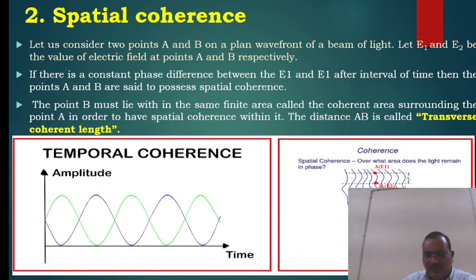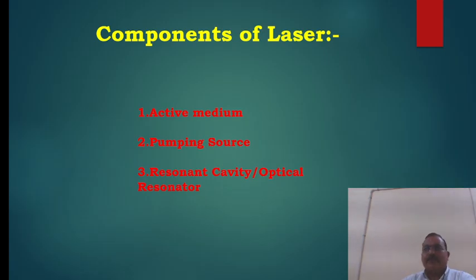So my dear friends, till now we have studied the important properties of laser light, and before that, how stimulated emission of radiation helps to create the population state and to achieve the laser action.